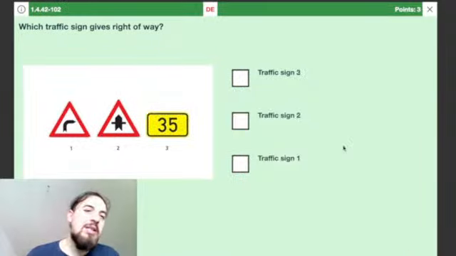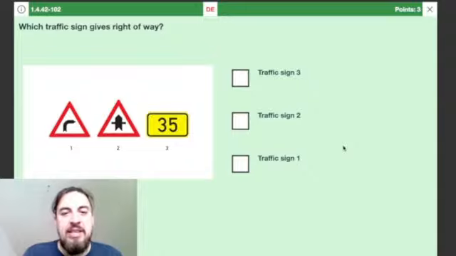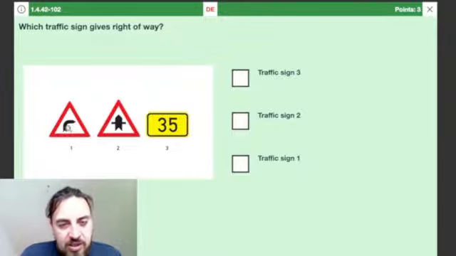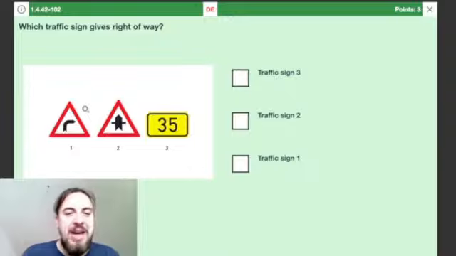Okay. Which traffic sign gives right of way? Traffic sign 3, traffic sign 2, or traffic sign 1? Let's have a look. The first traffic sign here is telling us that we are just about to enter a bend in the right direction.